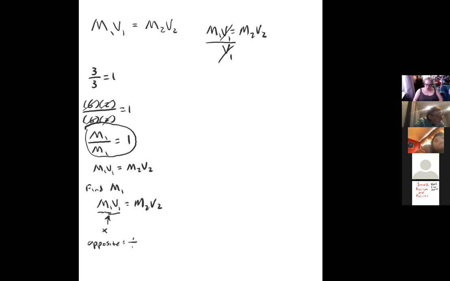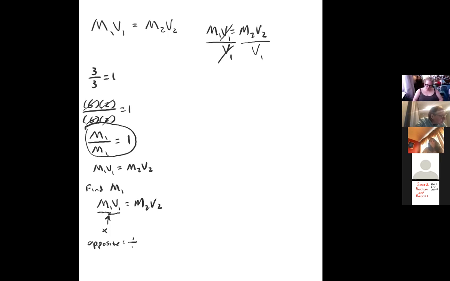However, the algebraic principle is that anything you do to one side of the equation, you must do to the other side of the equation. Otherwise, you disrupt the equation and it's no longer the same equation, right? So if I divide the left side by V1, I have to divide the right side by V1, okay?